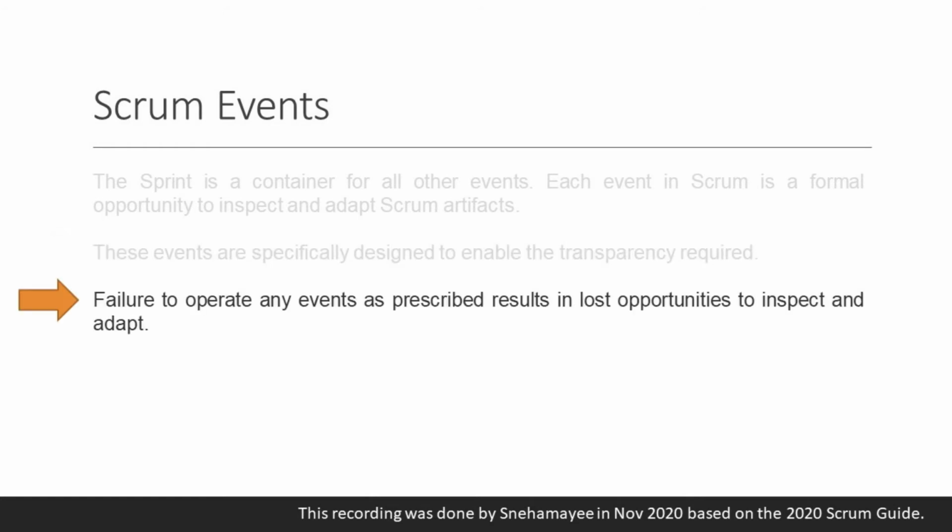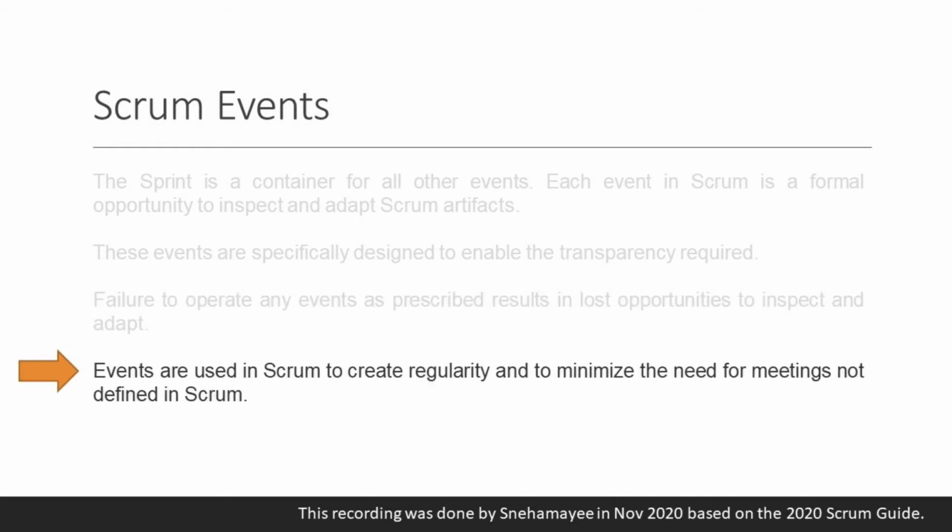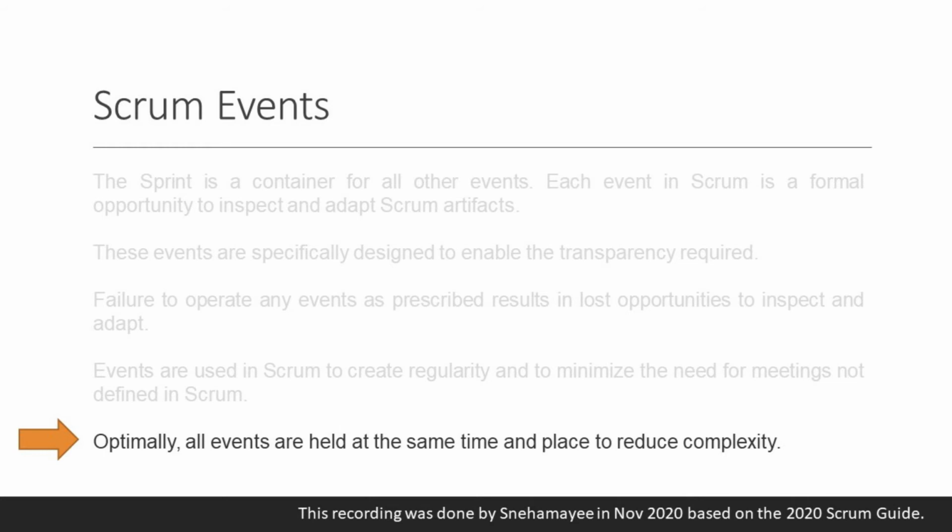Failure to operate any events as prescribed results in lost opportunities to inspect and adapt. Events are used in Scrum to create regularity and to minimize the need for meetings not defined in Scrum. Optimally, all events are held at the same time and place to reduce complexity.